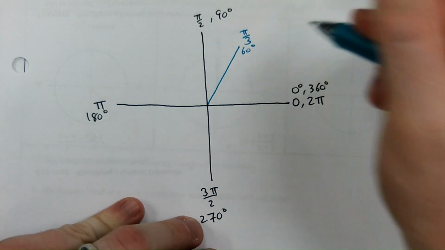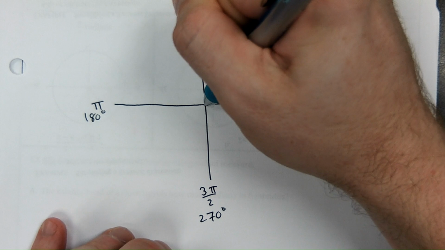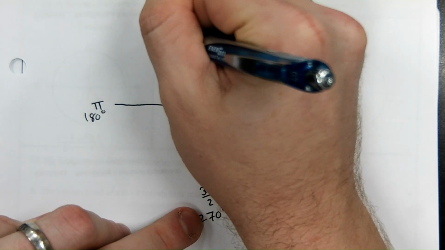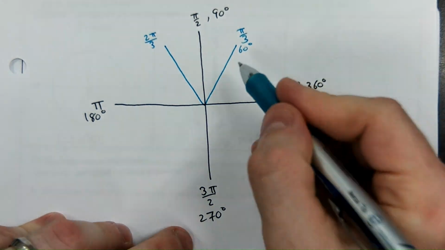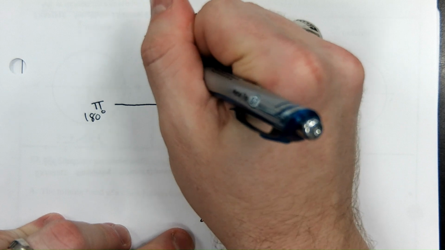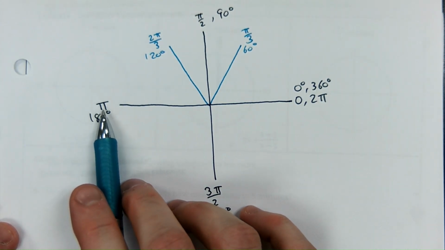Okay, cool, thanks. So there's 1/3. Here's 2 thirds. And if this was 60 degrees, this is just double that, so it's 120 degrees. By the way, here's 3 pi over 3, reduced.